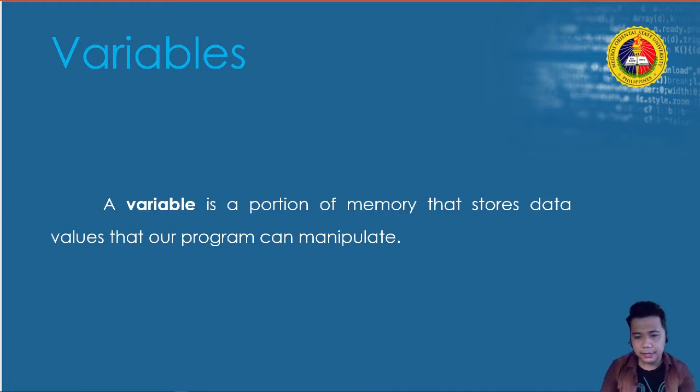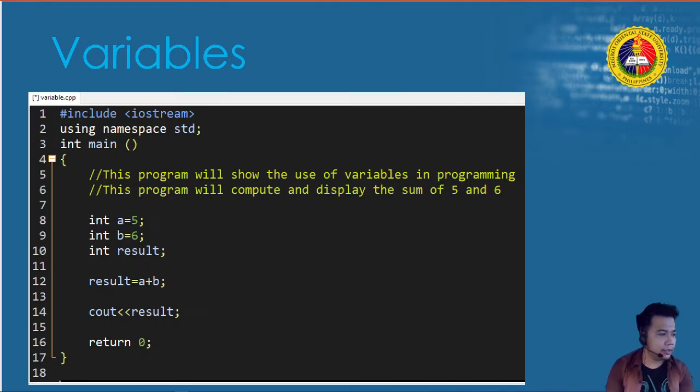Well, the last part will be introduced to you in our future discussions about C++ programming. Okay, so again, this is just a review. This is how a variable is used in programming. So this program will compute and display the sum of 5 and 6.